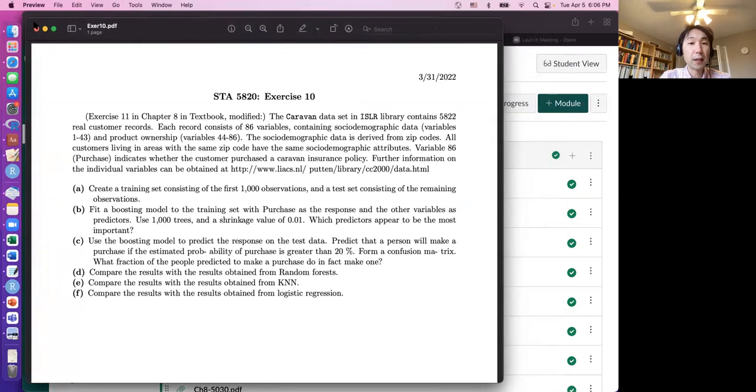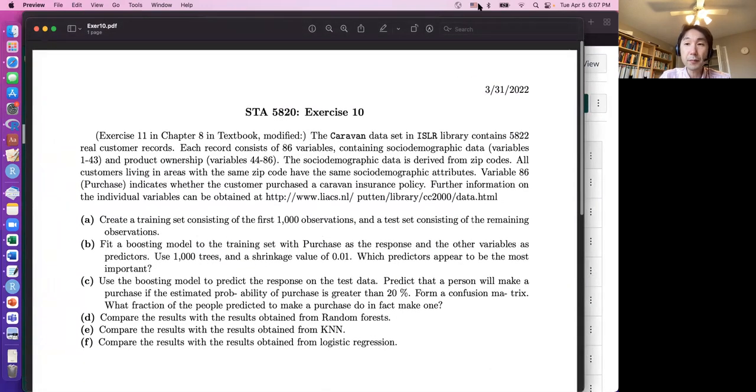So we are using a Caravan dataset, and this is actually a modified exercise from the textbook. The Caravan dataset contains 5,822 real customer records on whether or not they purchased a certain product.